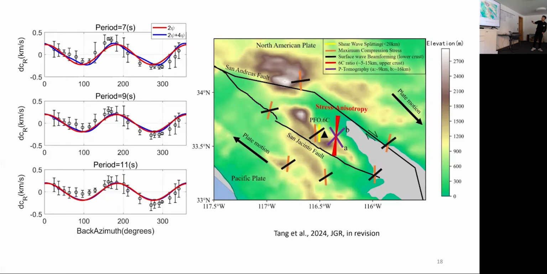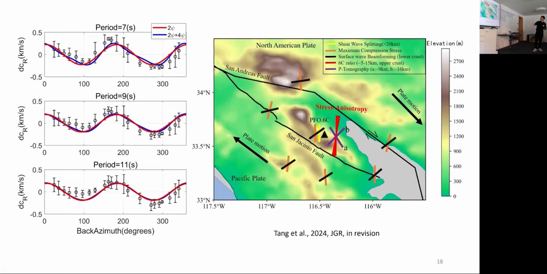If we look at the right figure, the red line represents the faster direction from our method. The orange and the yellow lines are from other methods. The orange line is the maximum compression stress direction in this region.